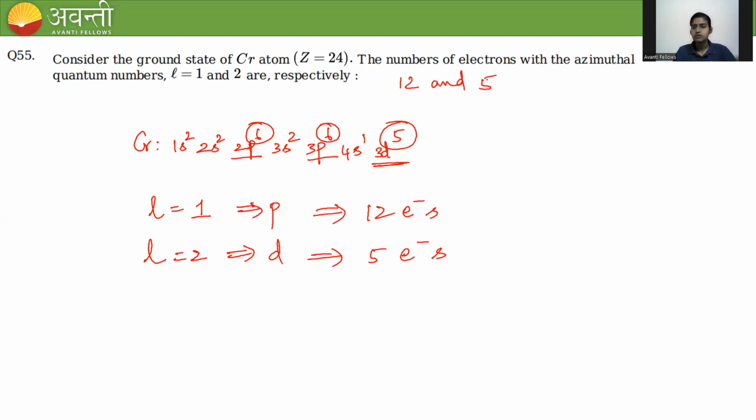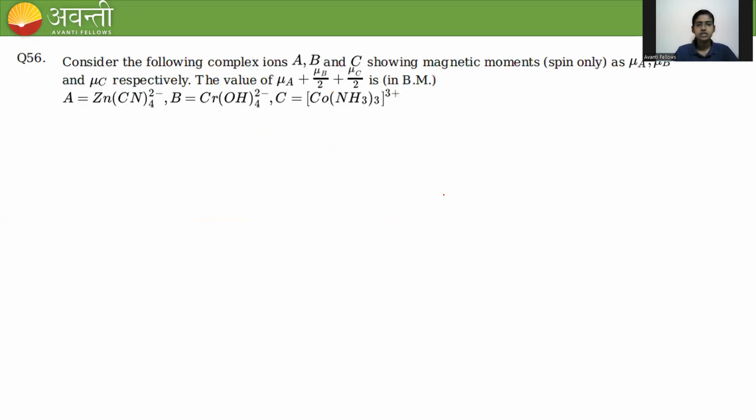Okay. So here is an exception. Since chromium donates one of its 4s electrons to the 3d orbital, it attains a half-filled electronic configuration with 5 electrons in 3d. So the number of d electrons will be 5 in the case of chromium. Okay. Then coming to the next question.